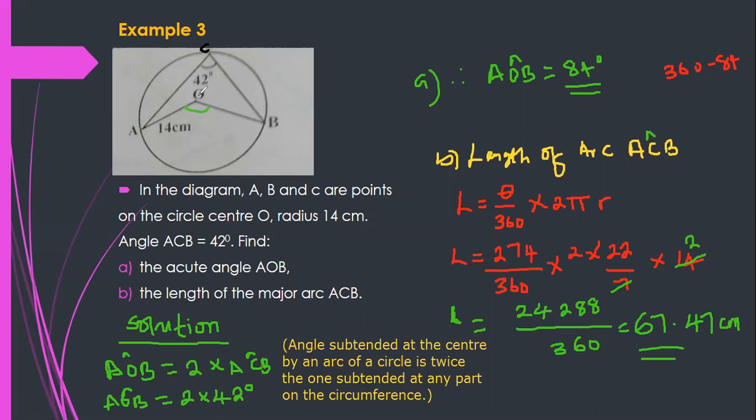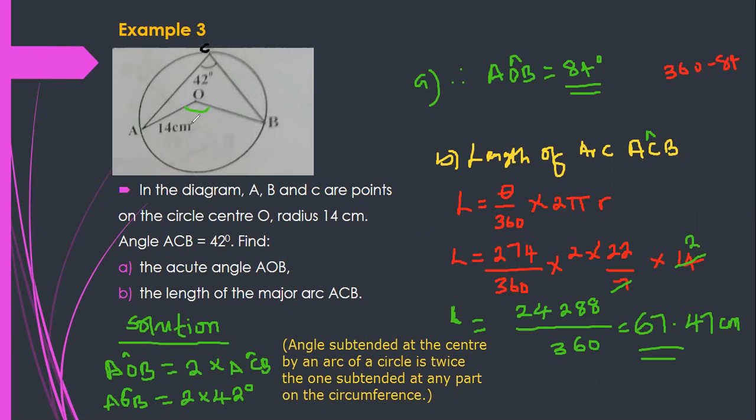So we multiply this angle ACB by 2, so that is 2 times 42 degrees, and then we got the value as 84 degrees here.